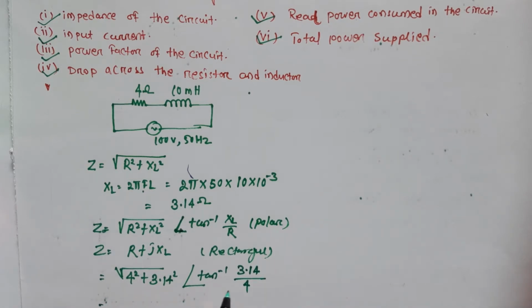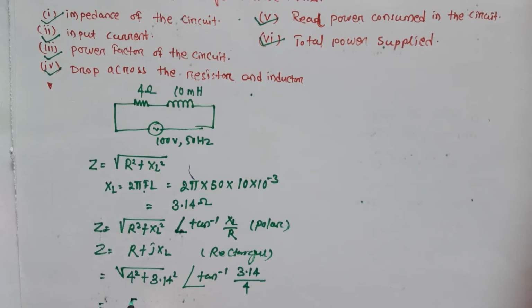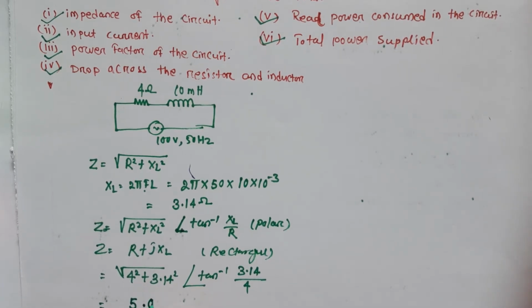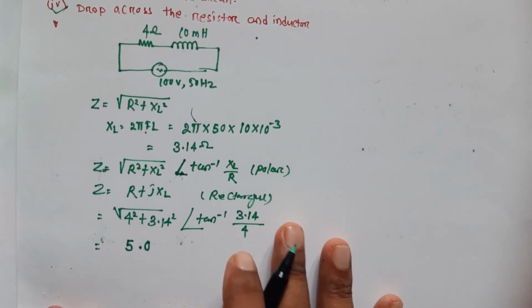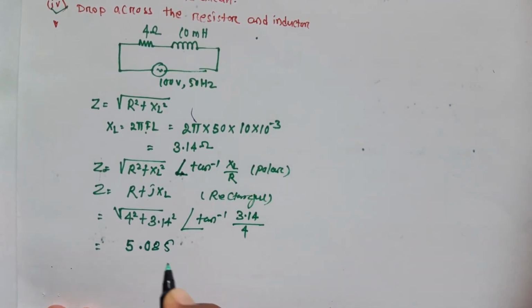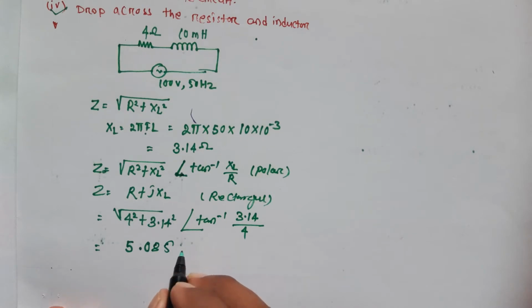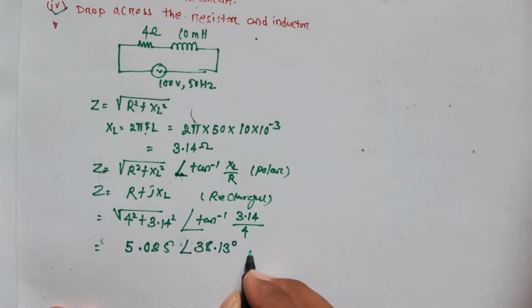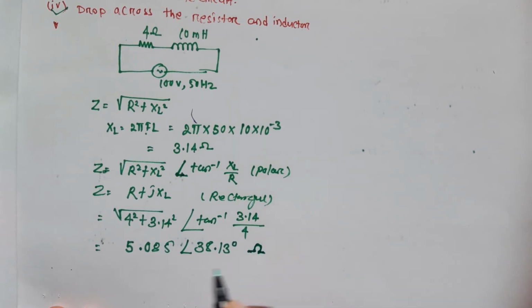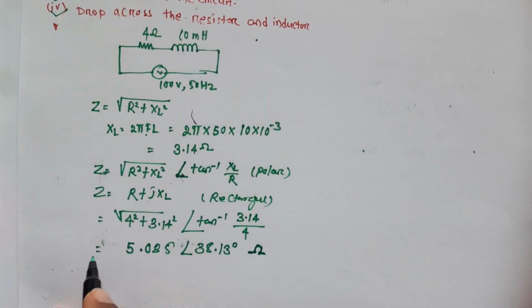When we calculate this, we get 5.085 ohm, and the angle equals 38.13 degrees. This value is in ohm. Our first part, the impedance, is completed.